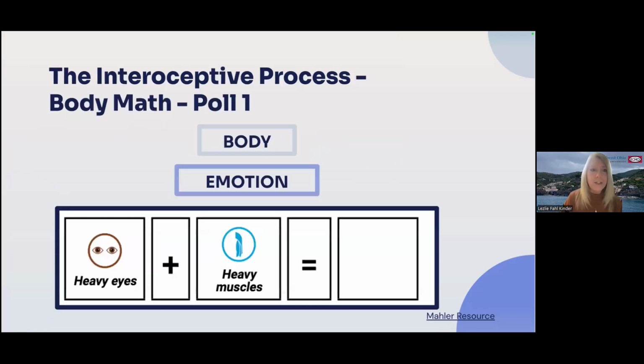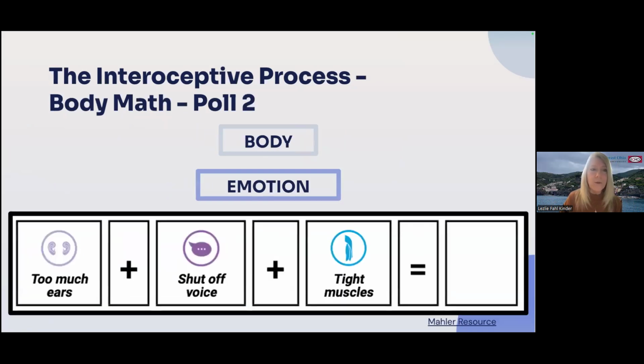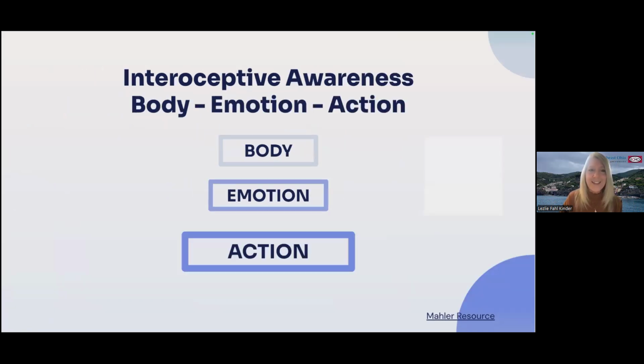And in the interest of time, I'm skipping over these next two slides to say that the interoceptive process has three main steps. The first is noticing the body signals and the ability to notice them. The second is connecting that body signal to an emotion.